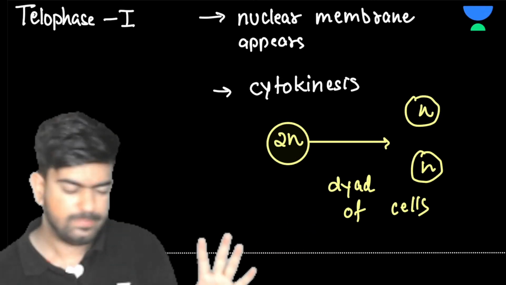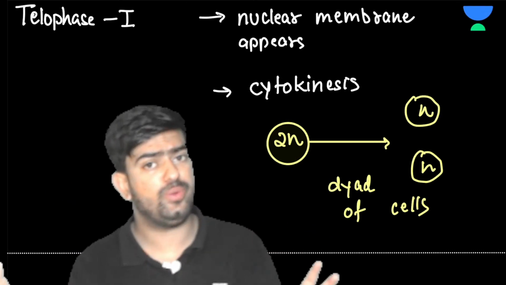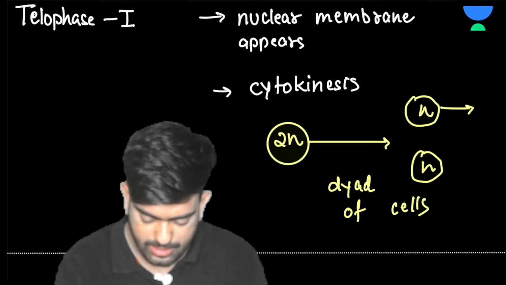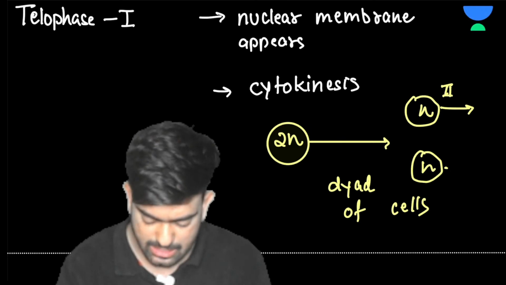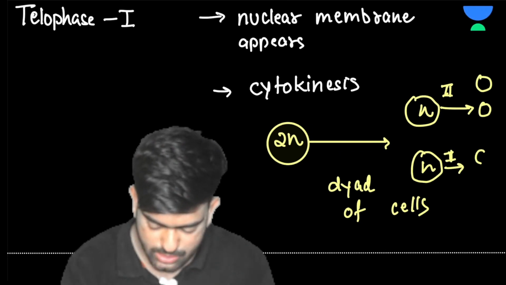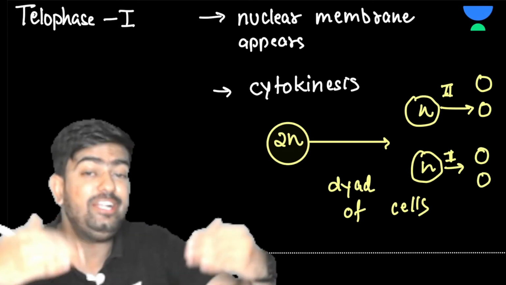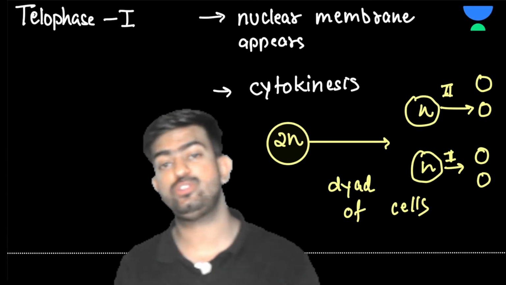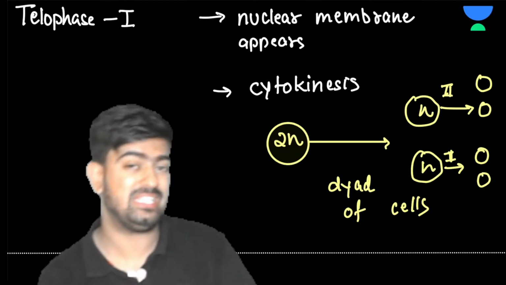Now the cell is like, I need a little rest. Meiosis 1 complete. After this, the cell is going to enter into meiosis 2. This cell will undergo meiosis 2, and again it is going to form 2 cells. So at the end of meiosis, we are going to have a total of 4 cells, right?